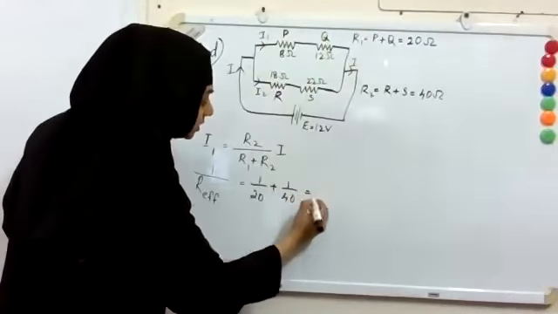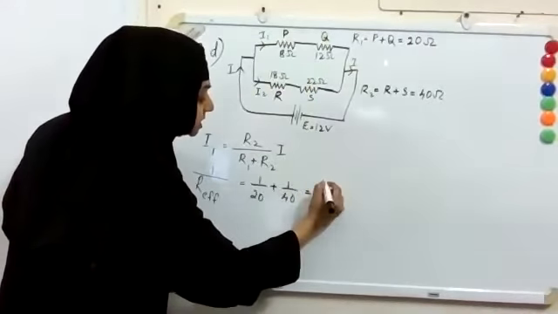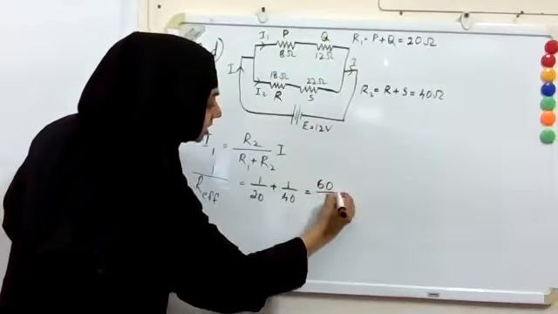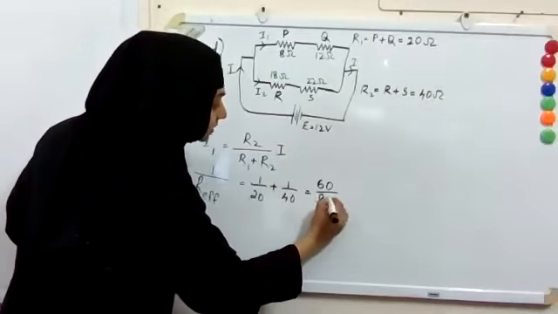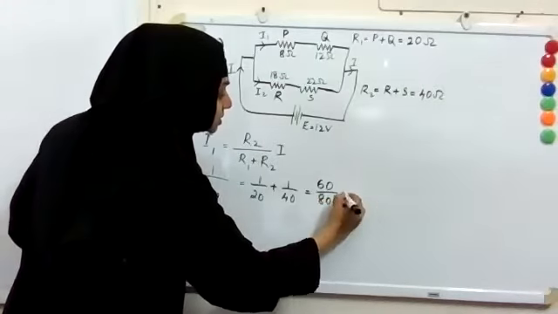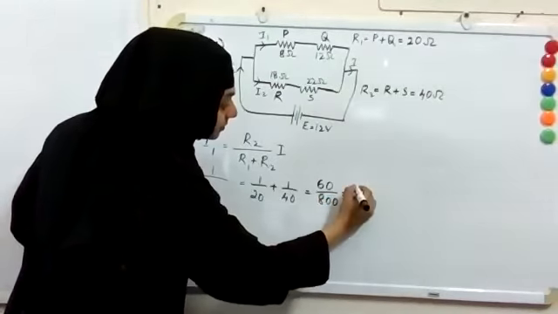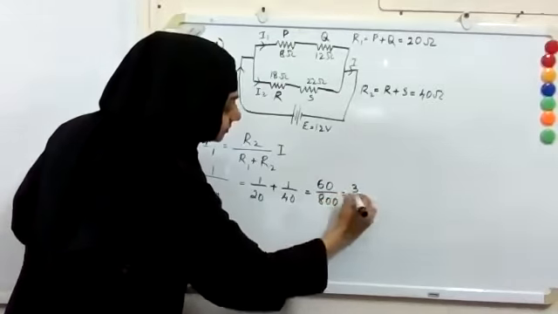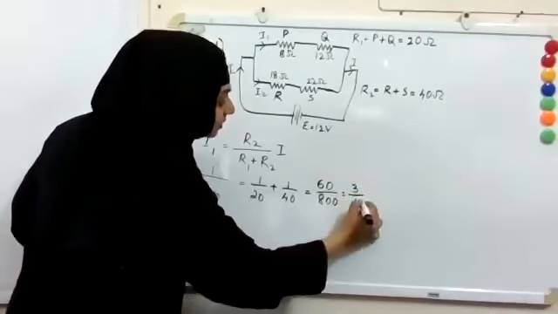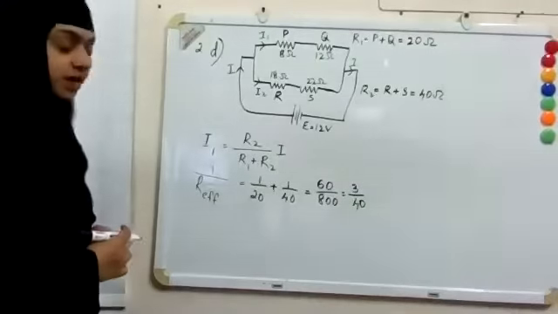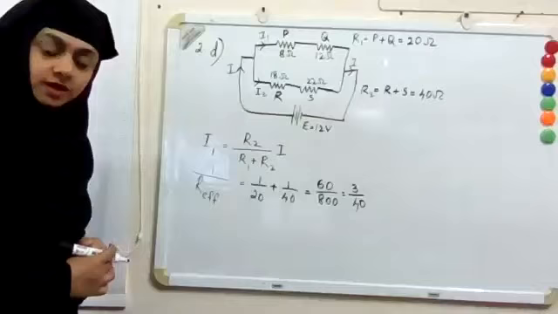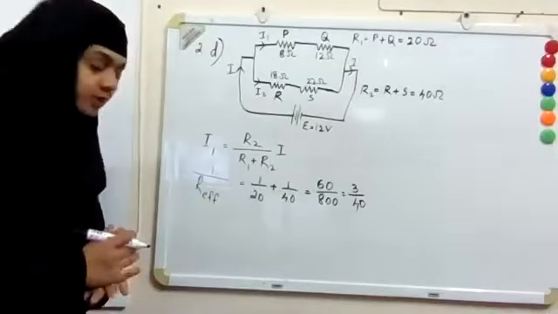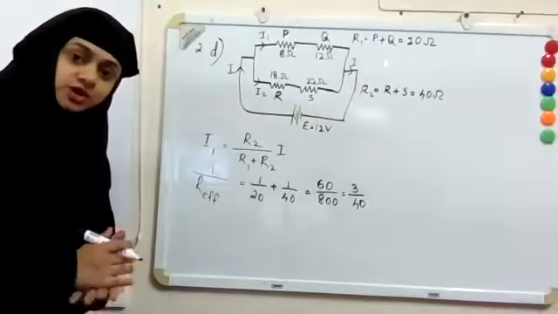So this is equal to 40 plus 20, which is 60, divided by 40 times 20. What is that? 800. So this is equal to 3 by 40. Is this correct? Is it clear to you what I'm doing?